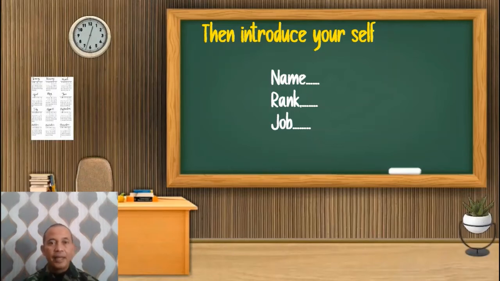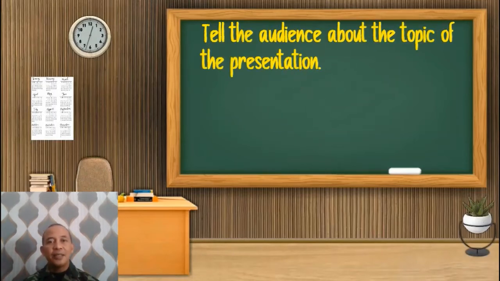And then after introduction, usually also, and this is a very important thing that you need to do because your audience really needs to know about this, you tell them about the topic of your presentation. What expressions do we usually use when presenting or telling your audience about the topic?